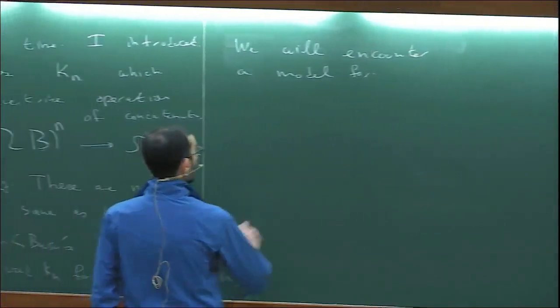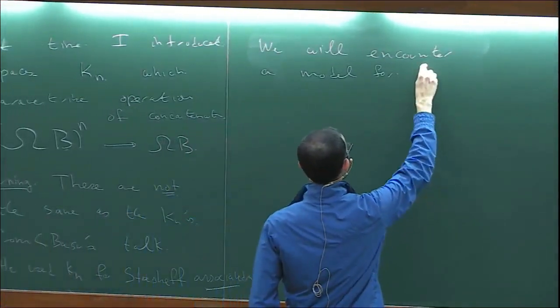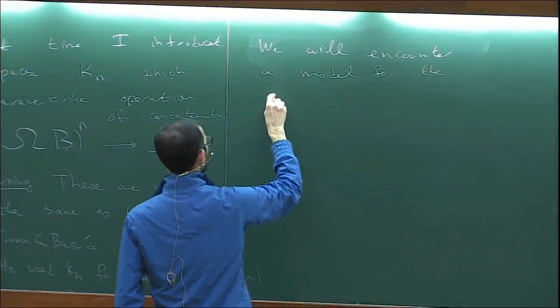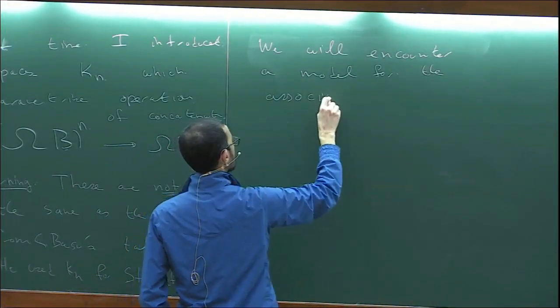He used this notation Kn for what are called the associahedra. And we will encounter a model for the associahedra, hopefully, in the last lecture.